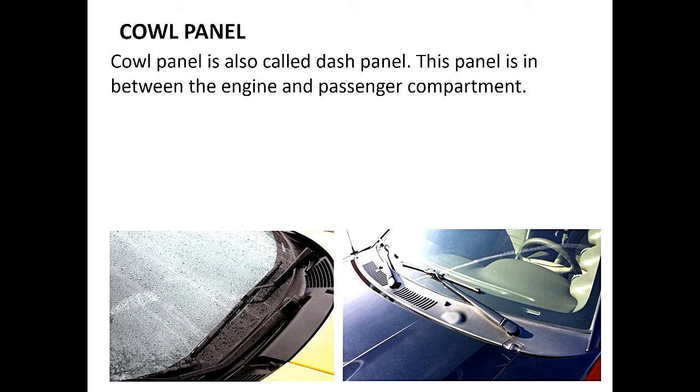It is difficult to observe the cowl panel, as many accessories are attached to it from the driver side and from the engine side as well. It should be robust and hard, and capable enough to support all those accessories.